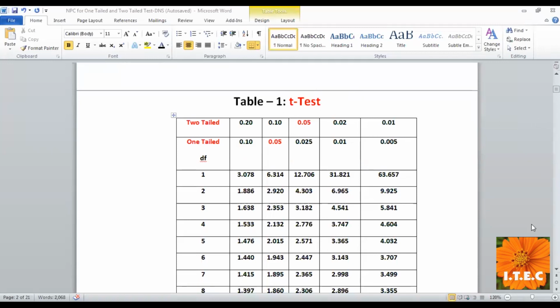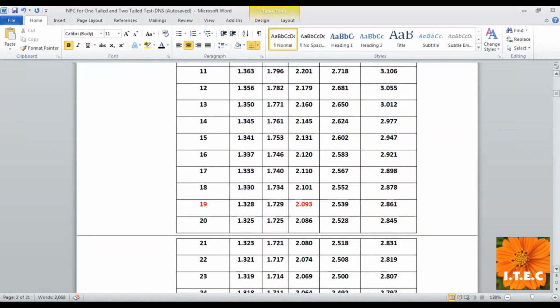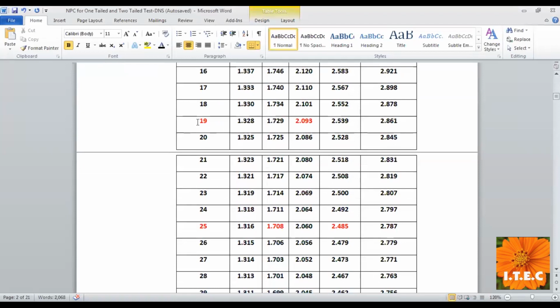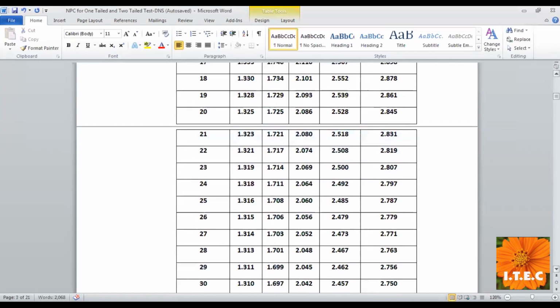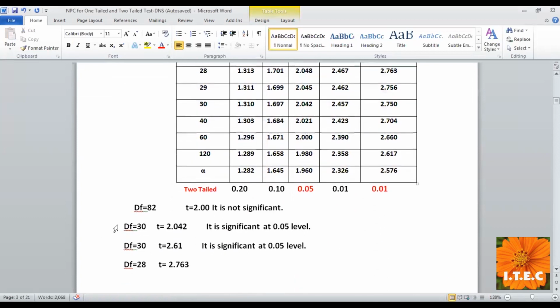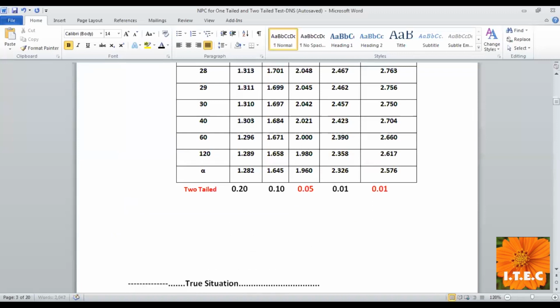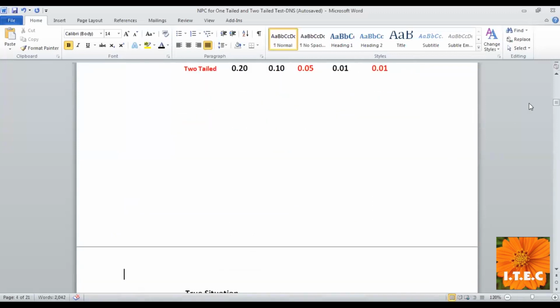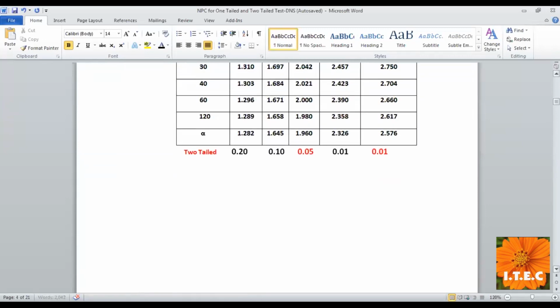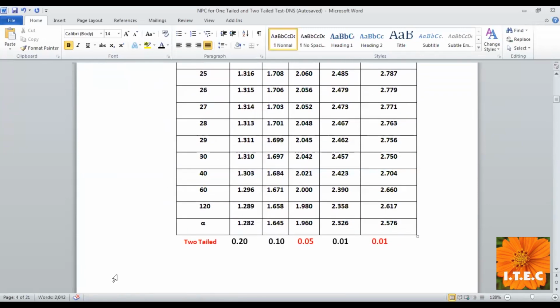Now let us go ahead to understand the type 1 error and type 2 error. Now please understand. Suppose my DF is equal to 26.